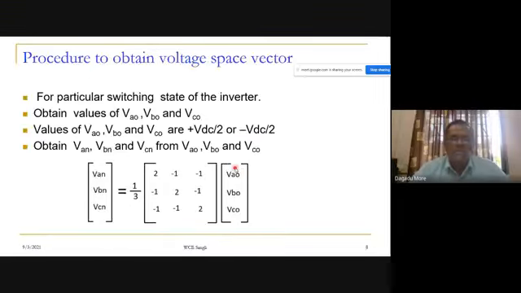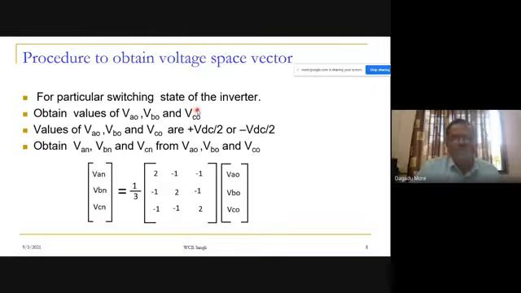Now, here we have the procedure to obtain the voltage space vector. First we obtain the values of VAO, VBO, VCO.